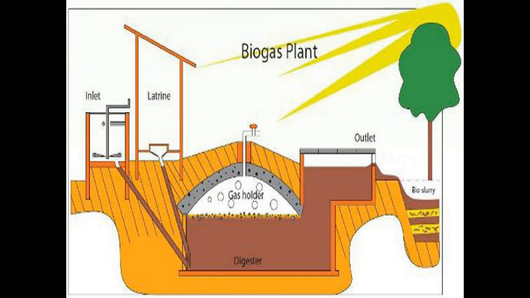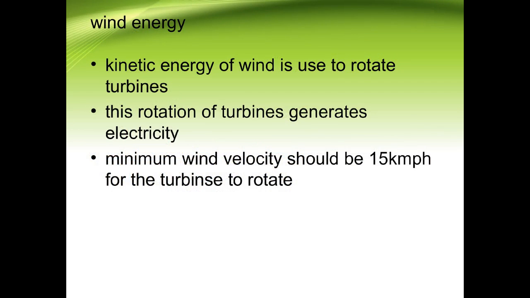Now, the next is wind energy, children. What do you mean by wind, children? Wind is nothing but the movement of air caused by differences in air pressure, which causes the winds to blow, children. Windmills take the kinetic energy of the wind, which is used to rotate the blades of the windmills, and in turn they are fitted with turbines that generate electricity.